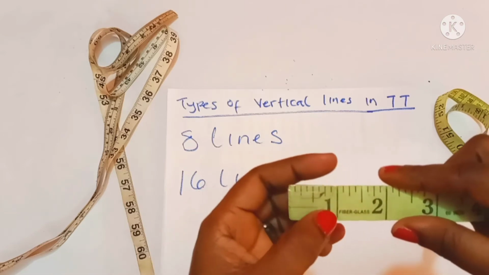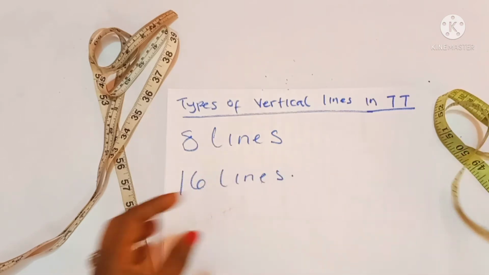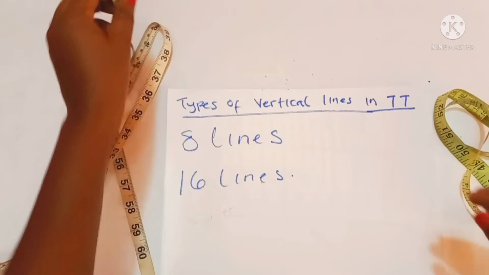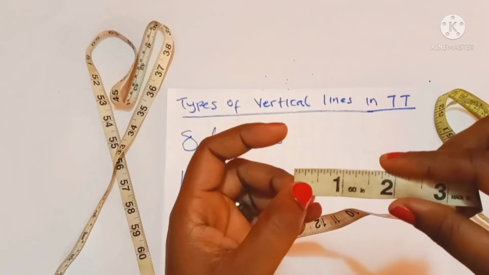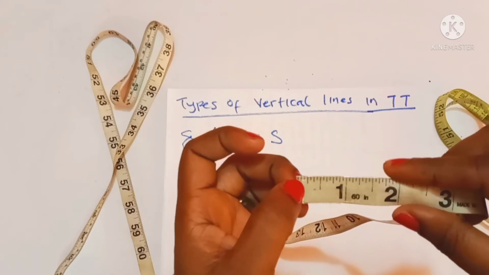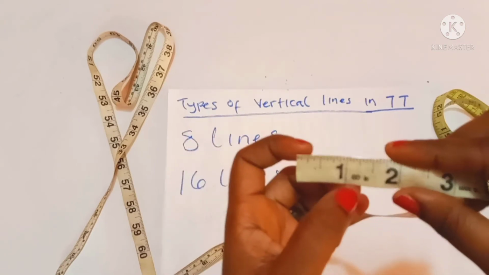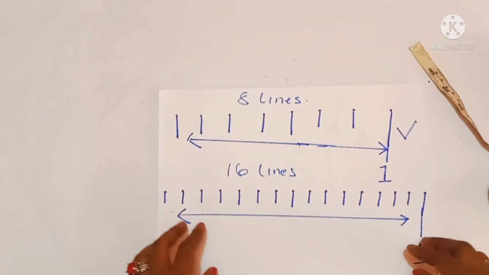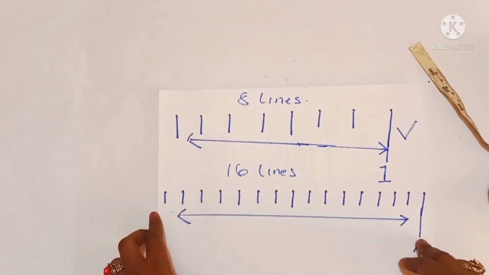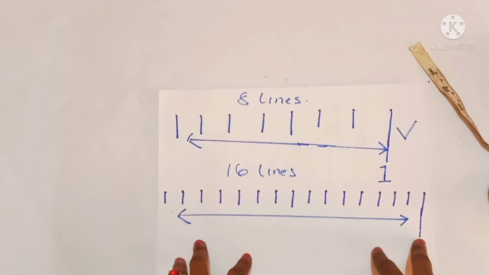The total number is 8. While this one here has 16 in total, from the very first short one here to this one over here. I had to mark them out for you to see so that you can understand properly.